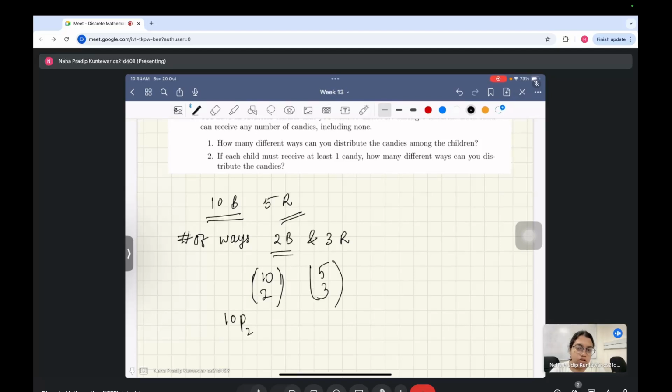Then the question is, what do you do with these two quantities? Do you add them or multiply them? The answer lies in the keyword: you're independently choosing these two events, and since there is an "and", you'll always end up multiplying them. This is what is called the rule of product.